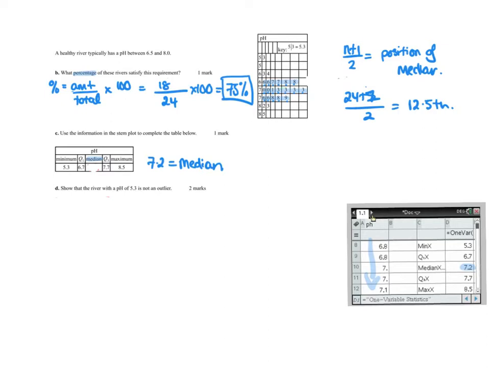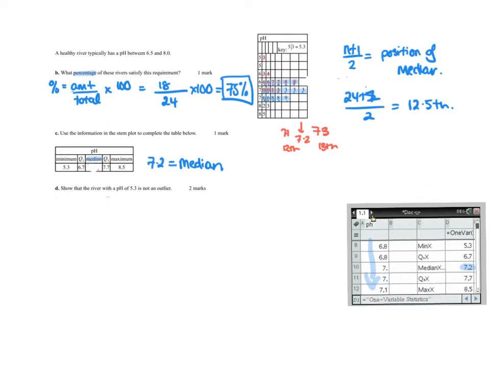If I just counted through 1, 2, 3, 4, 5, 6, 7, 8, 9, 10, 11, 12 and 13, you can see that the 12th value was 7.1, and the 13th value was 7.3, so the halfway mark between there is 7.2. So that's just another way of calculating the median.